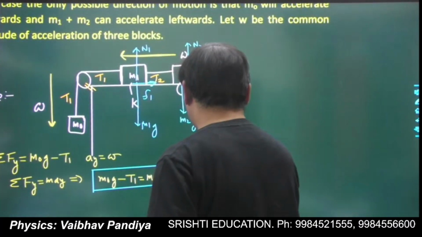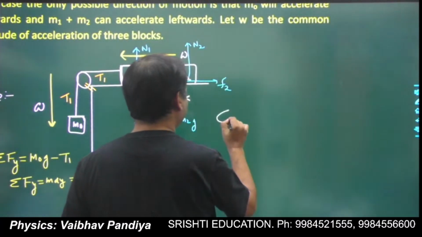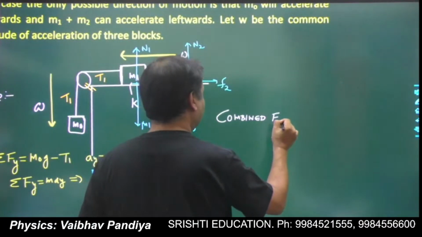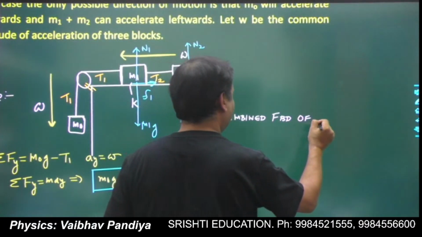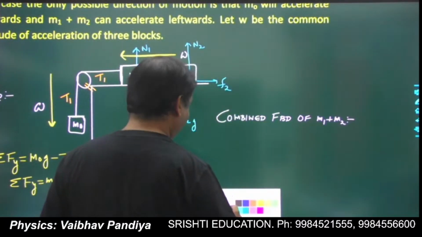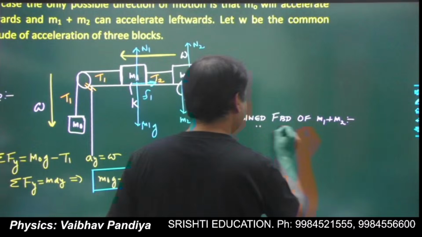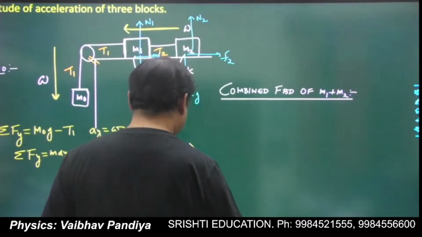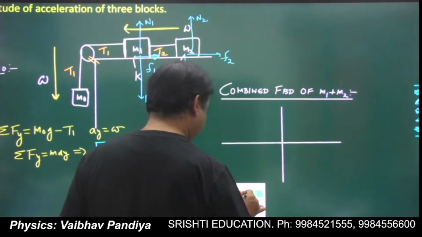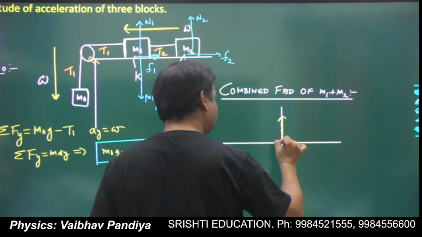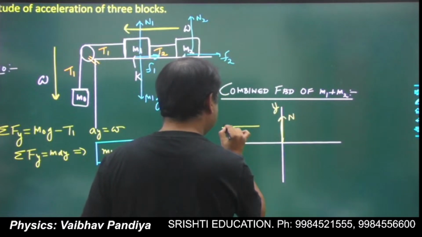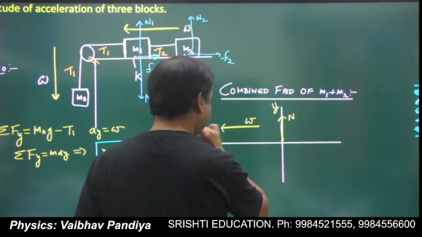So if I'm making the combined FBD of M1 plus M2, of course in this FBD, T2 will not appear, because for this FBD, T2 will be an internal force, and we can sum up both N1 and N2 and write them as a single force N. This is y-axis and this is x, and the system is having an acceleration W towards the x-axis.